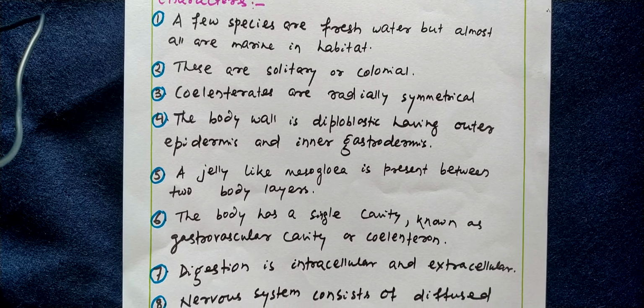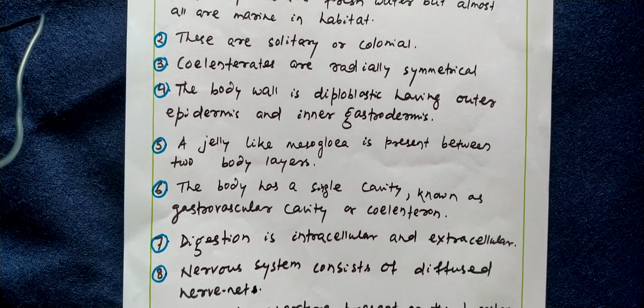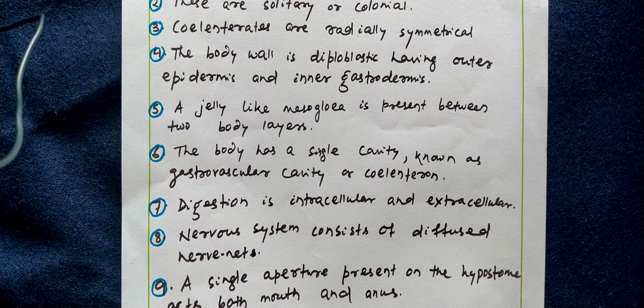Next, the body wall is diploblastic, having outer epidermis and inner gastrodermis. Two layers, epidermis and gastrodermis. A jelly-like mesoglea is present between these two body layers. Next, the body has a single cavity known as the gastrovascular cavity or coelenteron.